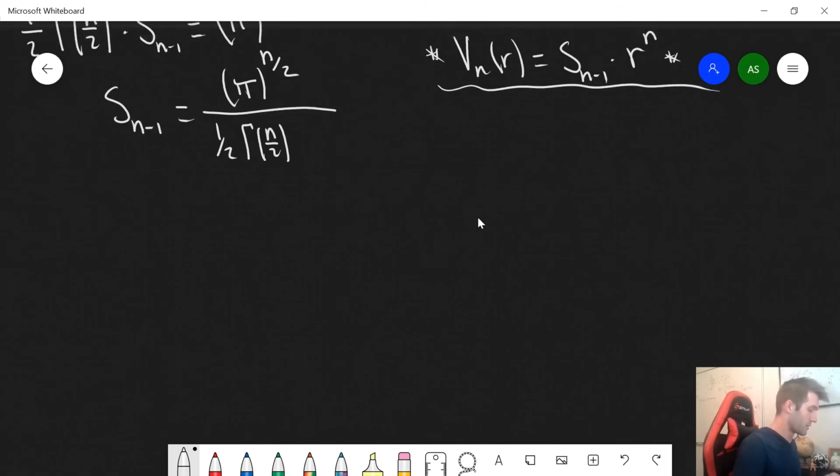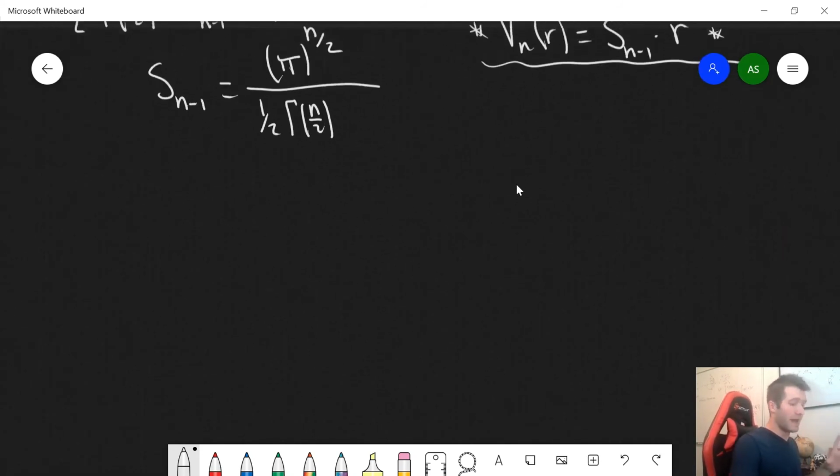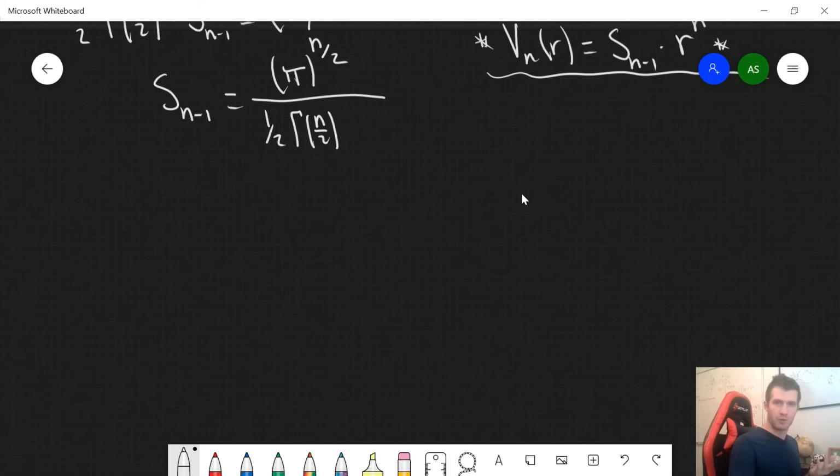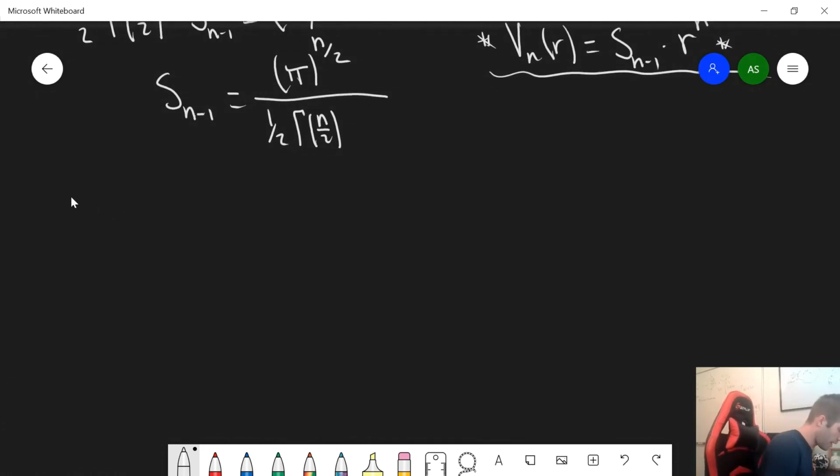But first, we are going to solve for our n values, starting with n equals 1. Well, let's see what that gives us. So we're going to have S sub n minus 1, which is just going to be S sub 0. And that is what we've described before. That is what it should be, at least, if this is all correct.